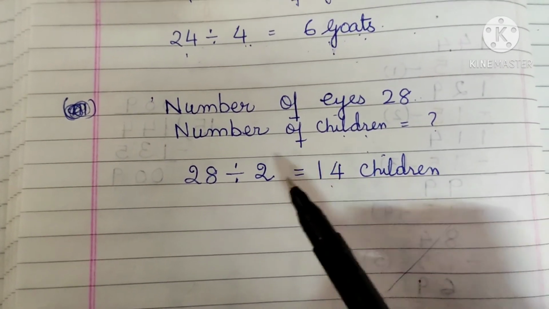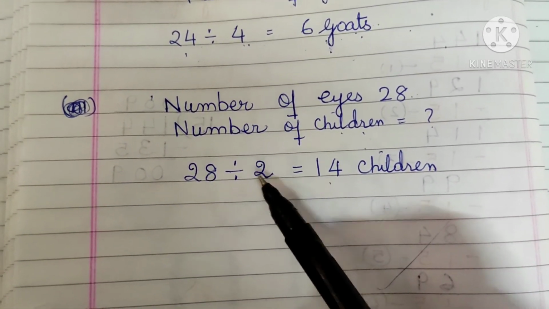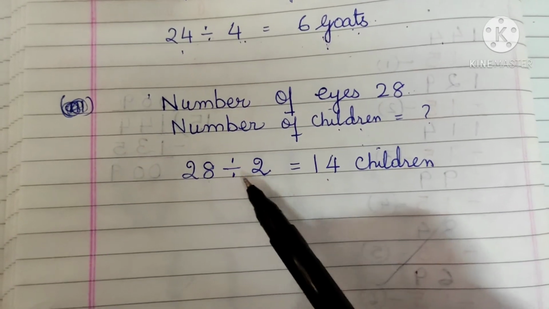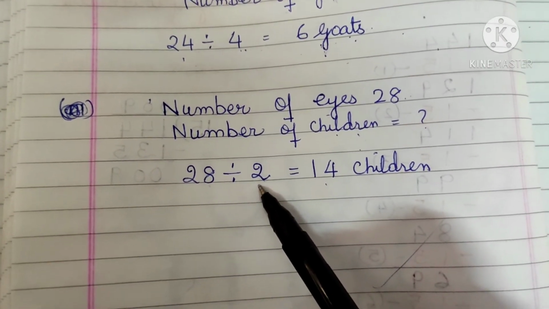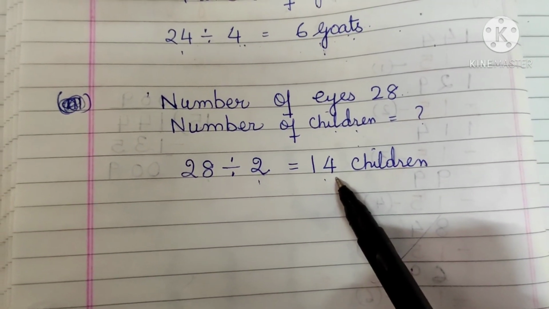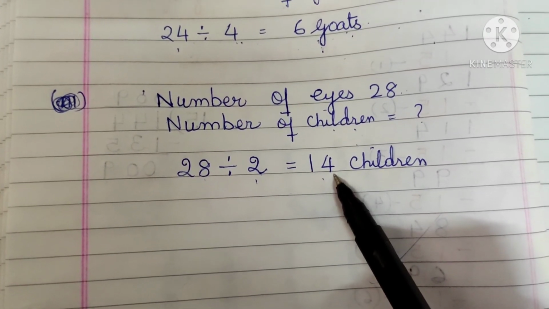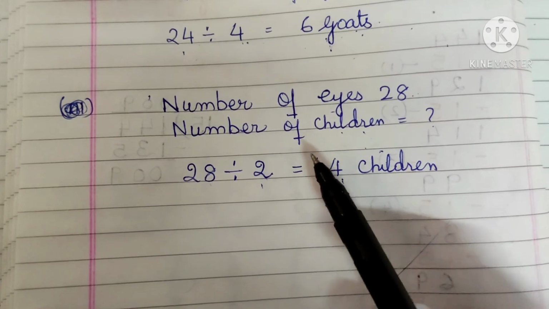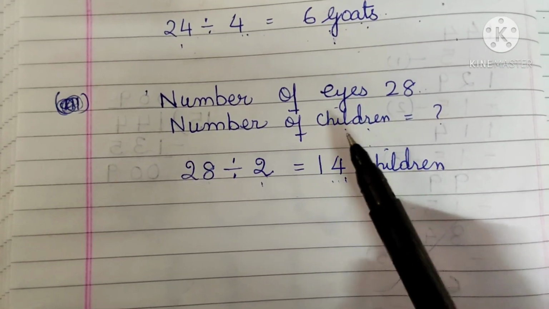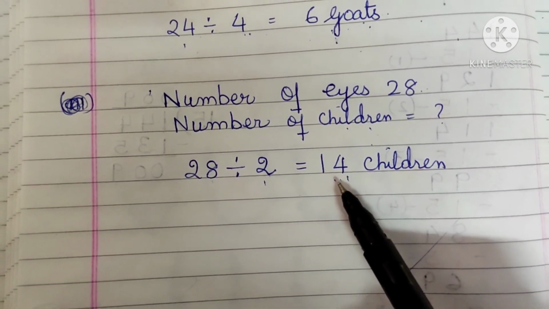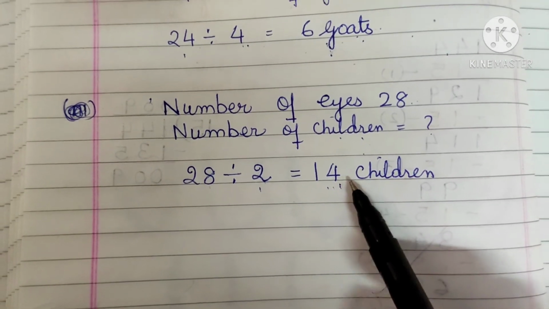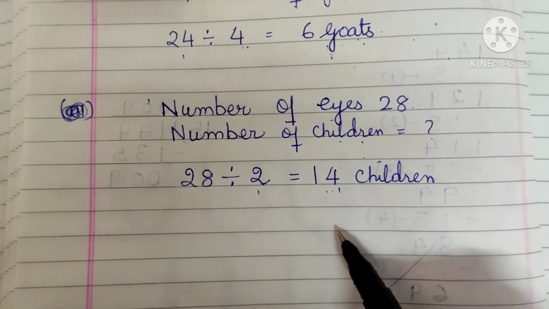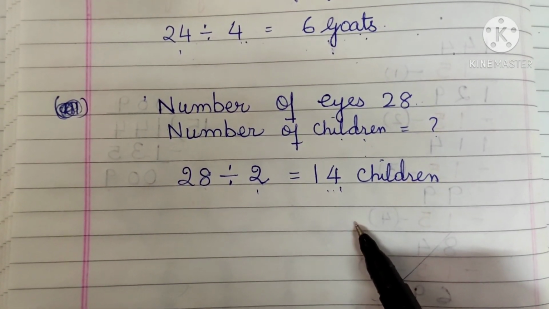Because one boy has 2 eyes. So 28 divided by 2 and we get 14. So 14 children are present. Children, I hope you have understood both types of questions.